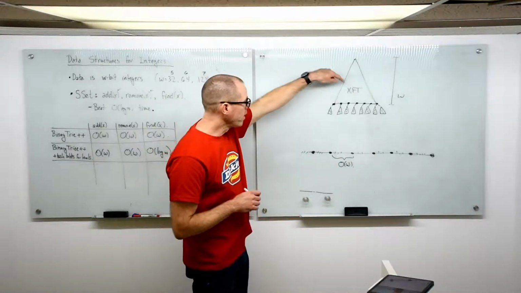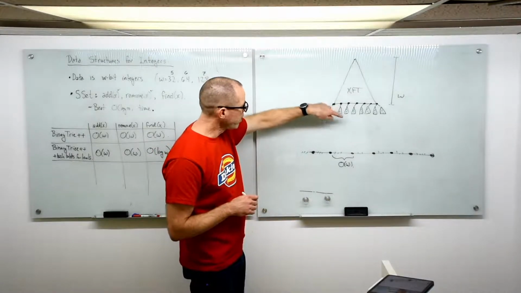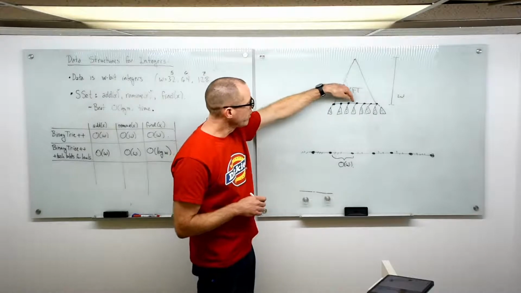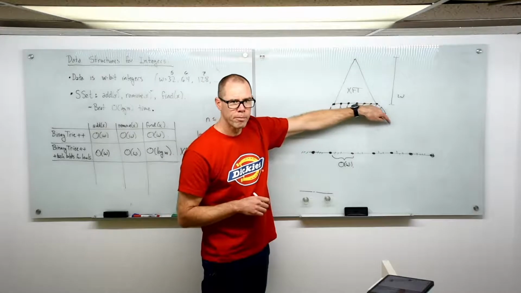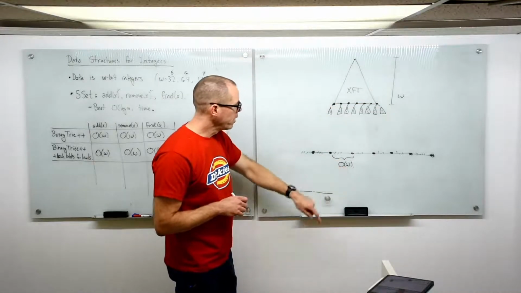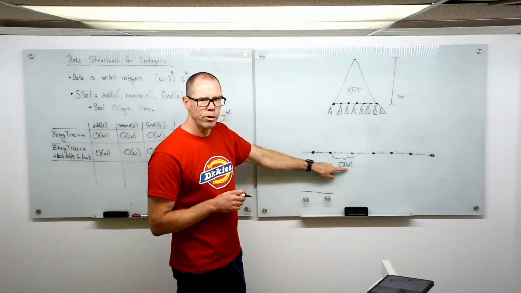So not all of the data is in the XFast trie. Only about 1 out of W things is in the XFast trie. Most of it lives in these bags down here, and these bags will have size only O of W.